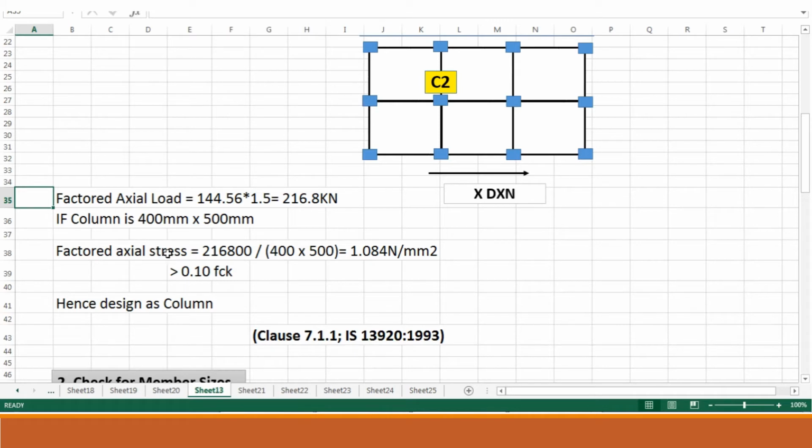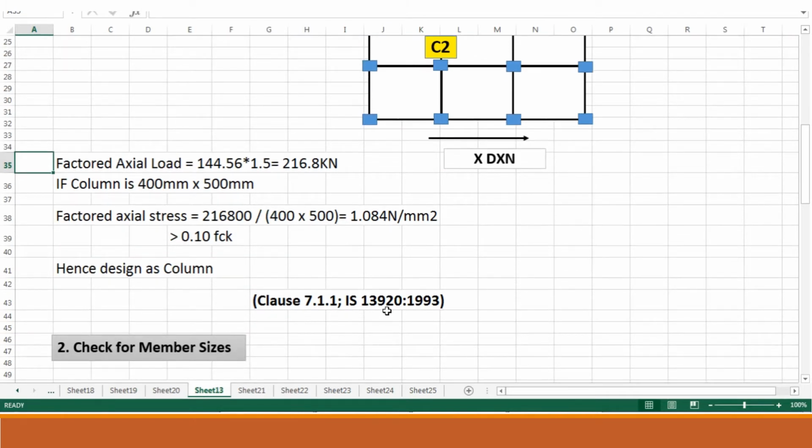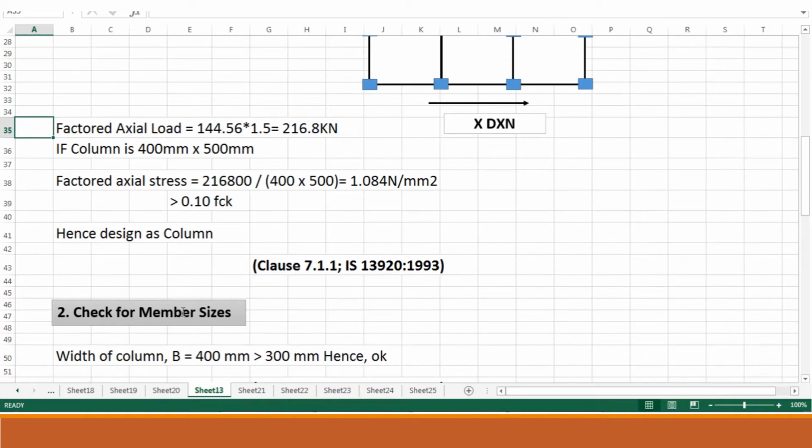The factored axial stress would be 216,800 Newton divided by 400 into 500, so it will be 1.084 Newton per mm square. Now this is greater than 0.1 fck, which is 0.1 into 20. Hence we can design it as a column as per clause 7.1.1 of IS 13920.